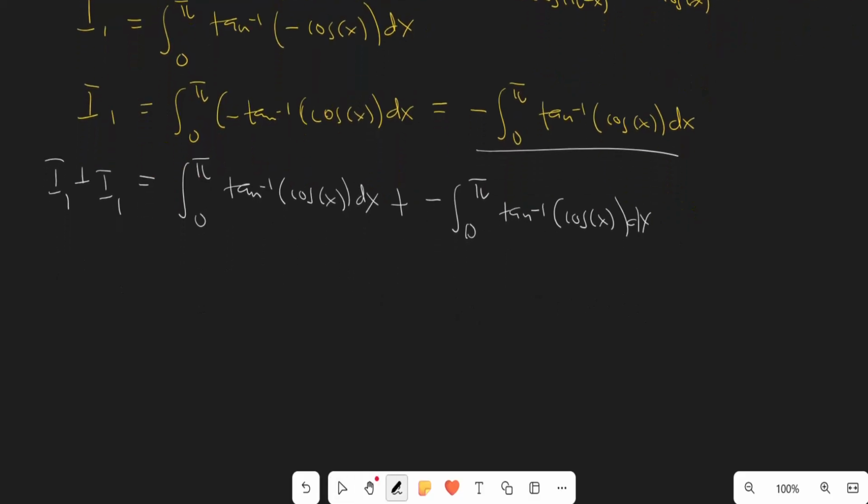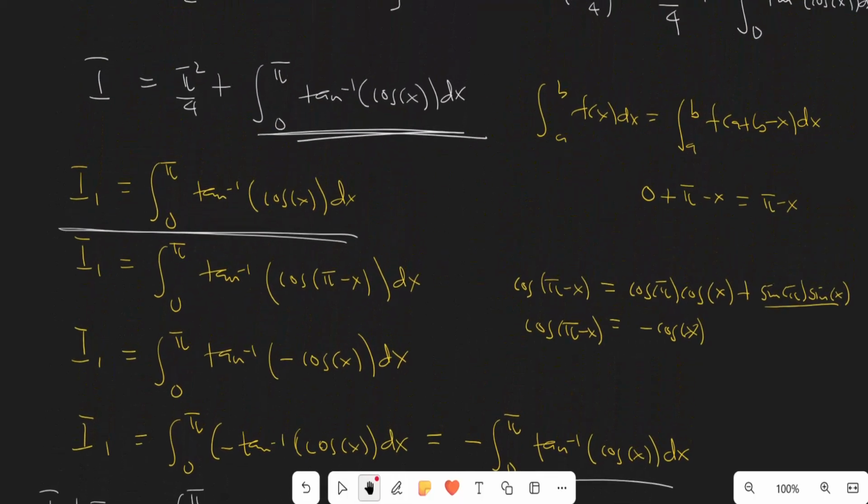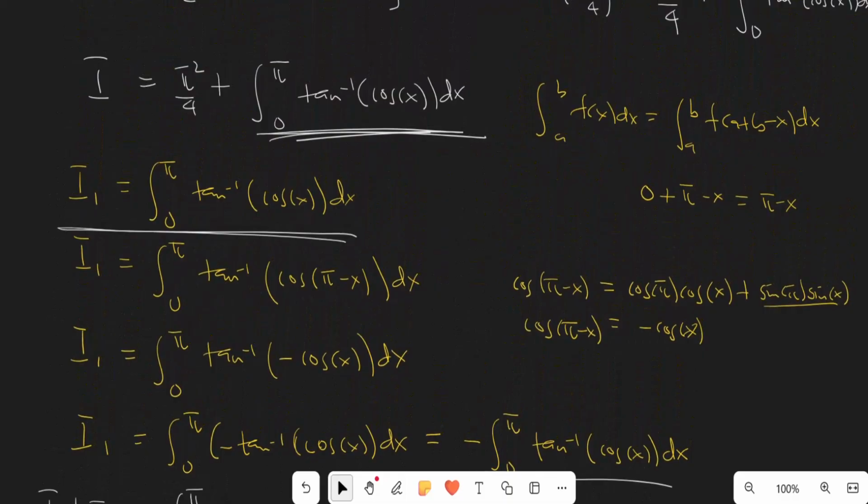So this and this are the same, so they will just cancel out. So 2 I sub 1 is going to be 0, and then I sub 1 is going to be equal to 0. So that implies that our integral, which is I sub 1, is equal to 0.